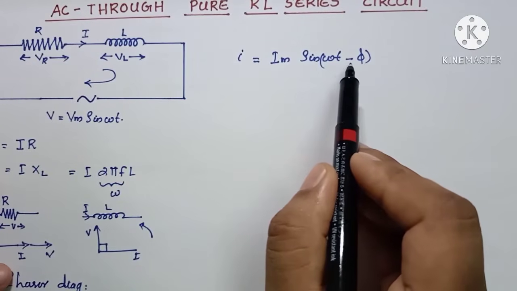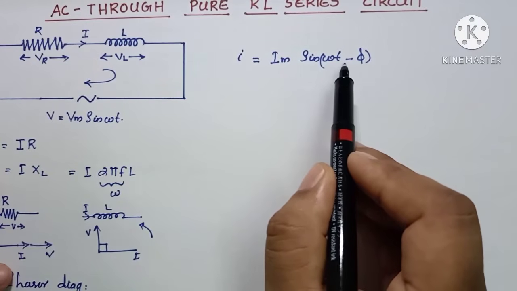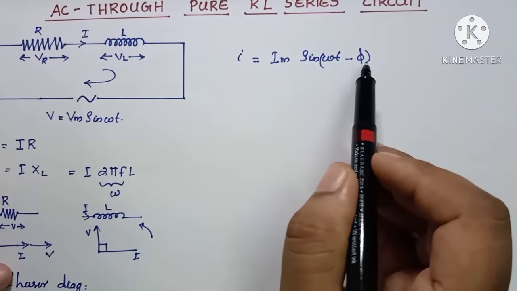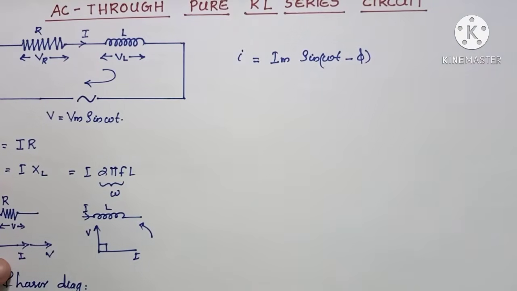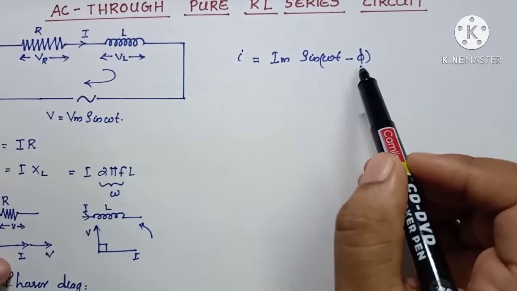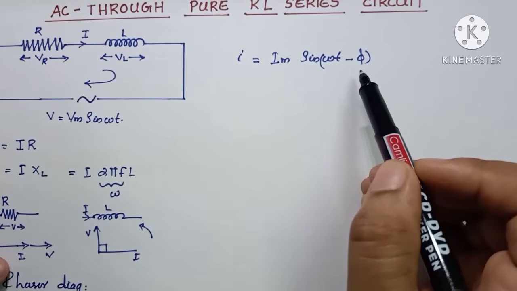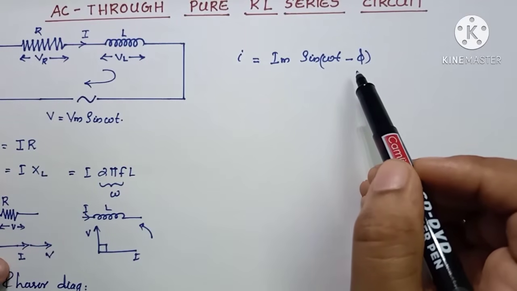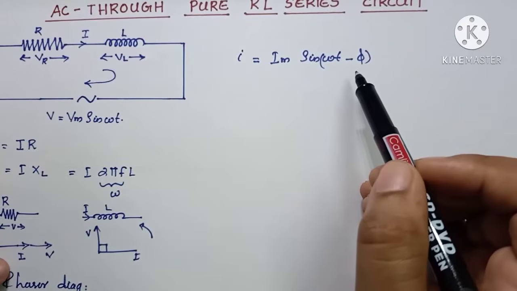So there will be a phase difference of phi. In a pure inductive circuit, this instantaneous value of current will be omega t minus 90 degrees. Here it is not exactly 90 degrees, but less than 90 degrees, between 0 and 90 degrees.